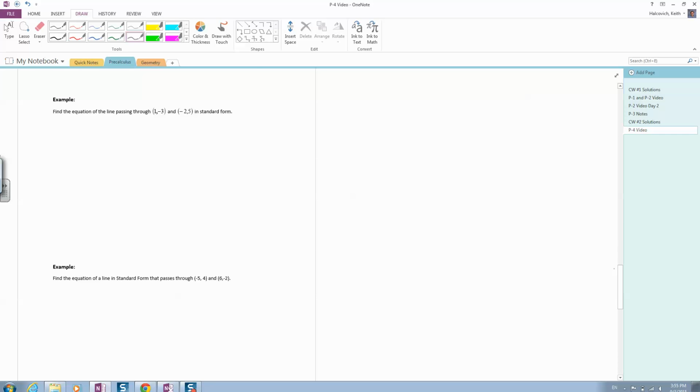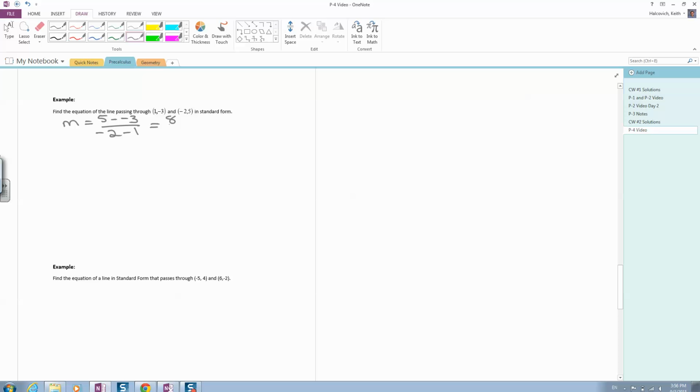So an example here is finding the equation of a line that passes through (-1, 1) and (-3, 5) in standard form. So first find the slope. We're going to go 5 minus 1 over -3 minus -1.